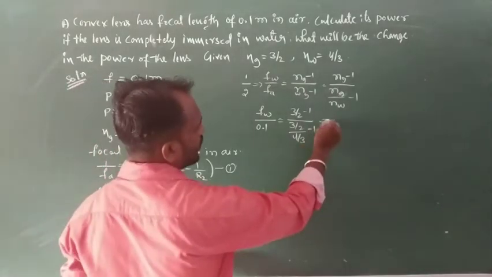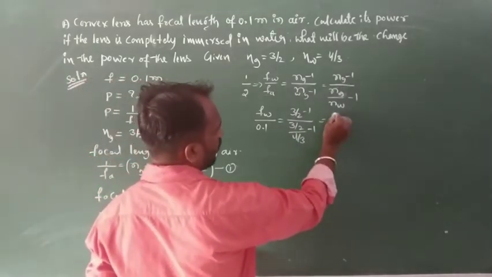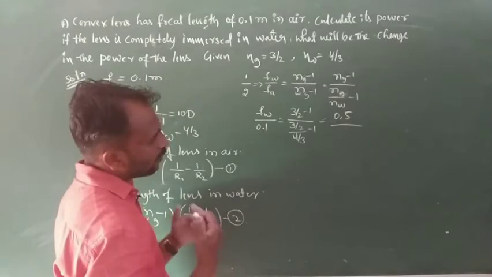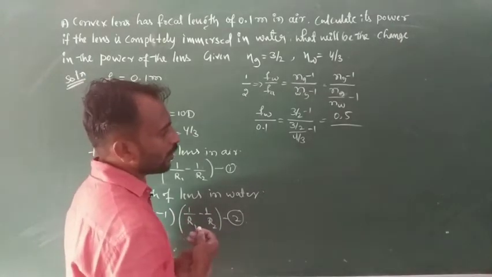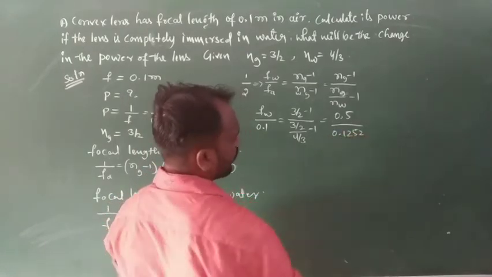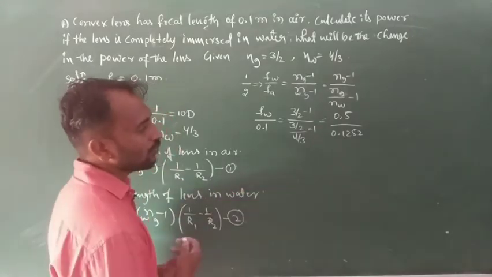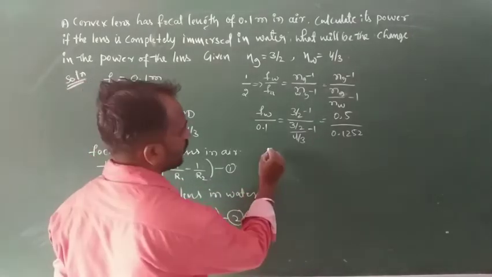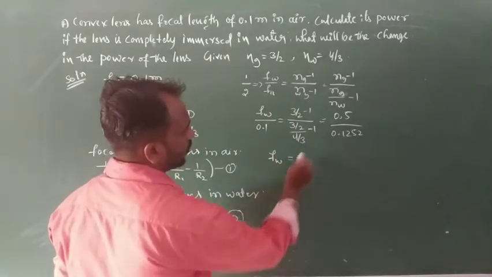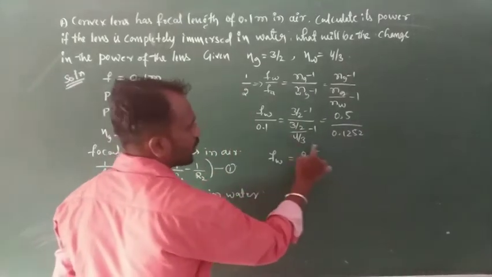Here 3 by 2 minus 1 is 0.5, and 3 by 2 divided by 4 by 3 minus 1, after calculation we will easily get 0.1252. Then afterwards the focal length in water is equal to 0.5 into 0.1.